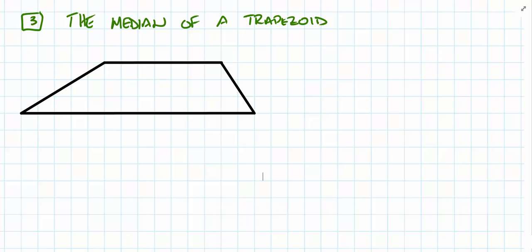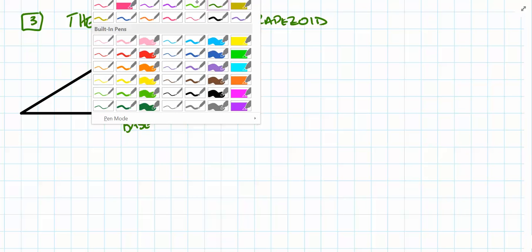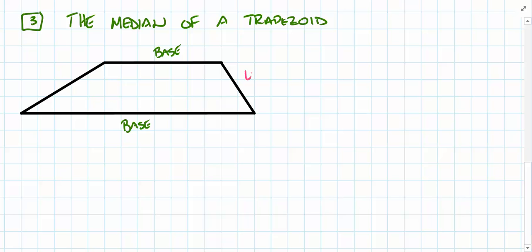Okay, so let's talk about the median of a trapezoid. So if this is my base down here, and this is my base up here, what do we call the 2 sides, everybody? Legs. So this would be a leg over here, and this would be another leg on this side. If we find the midpoints of the legs, so probably right about there, and probably right about there, meaning that this and this are the same, and this and this are the same.